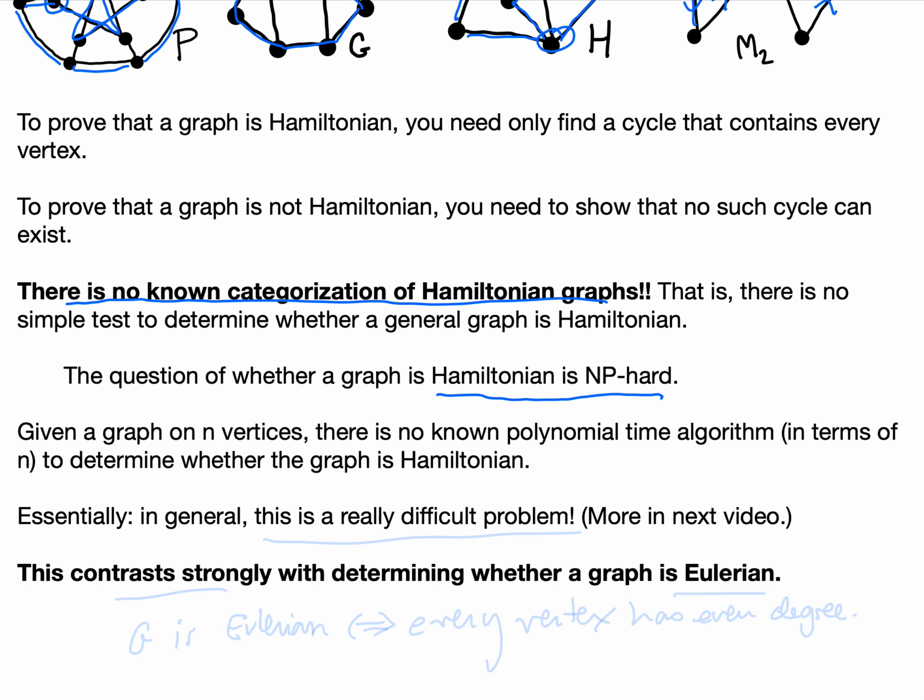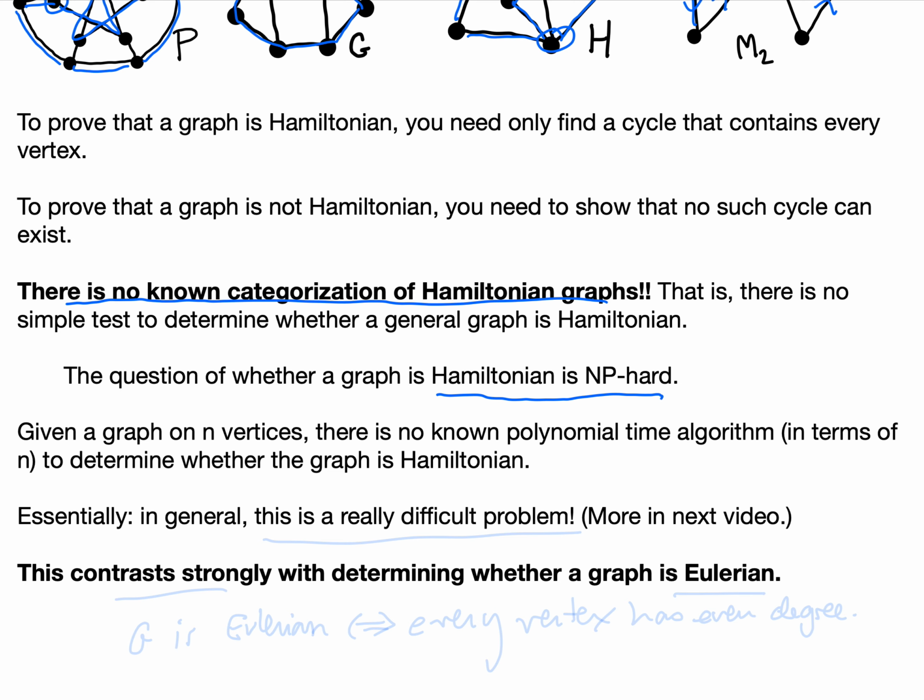We'll describe this more in the next video, but for now, just as a simplification, if you have a graph on n vertices, there is no known polynomial time algorithm to determine whether or not that graph is Hamiltonian. So there's no algorithm that takes a polynomial amount of time in terms of the number of vertices.